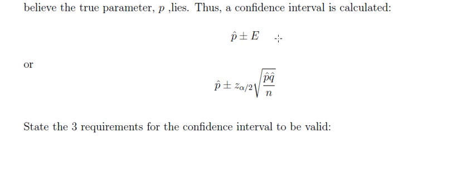So we get an upper bound and a lower bound. So your lower bound is p hat minus the margin of error, and your upper bound is p hat plus the margin of error. And so that gives us a range where we're confident that the true proportion falls.